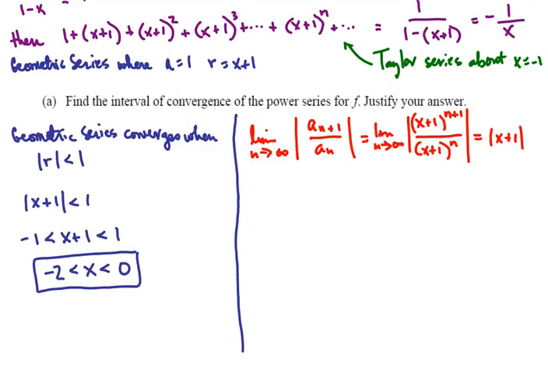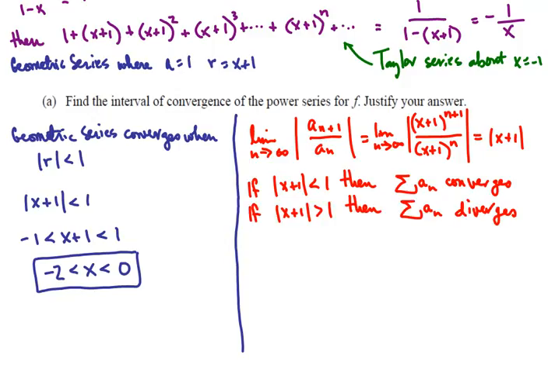And from the results of the ratio test, we know that if the absolute value of x plus 1 is less than 1, then the series will converge. If the absolute value of x plus 1 is greater than 1, then that series will diverge. And if the absolute value of x plus 1 is equal to 1, then the test is inconclusive.